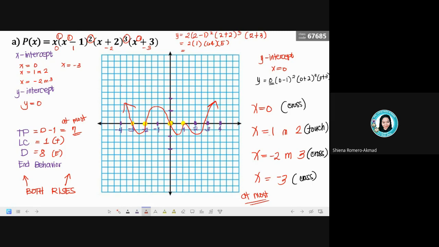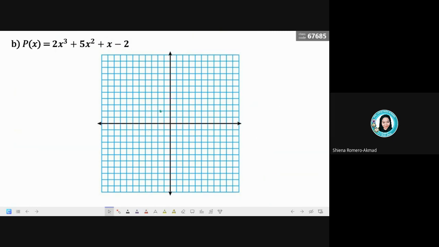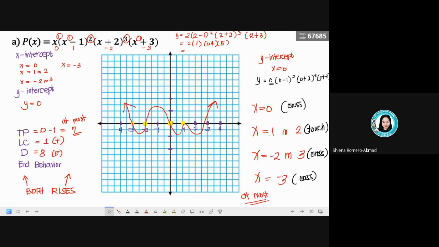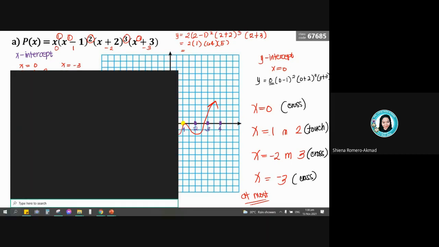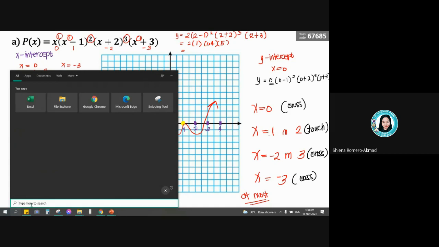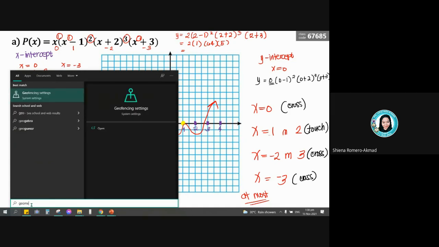That's why sabi nila it is important to have a table of values. Kasi pag may table of values ka, doon mo makikita kung ano yung magiging points mo na hindi mo pa nakikita dyan. So, let us have, wait, tignan natin yung geometry ba yun?